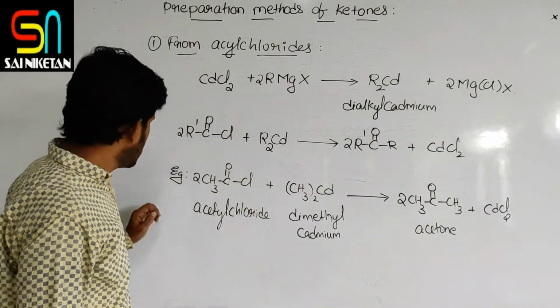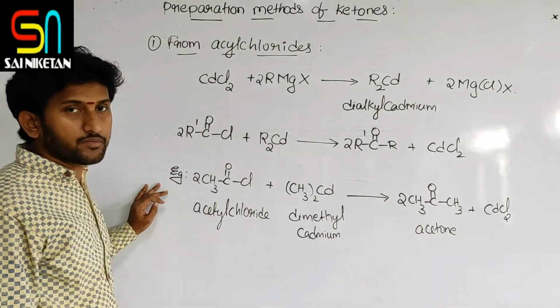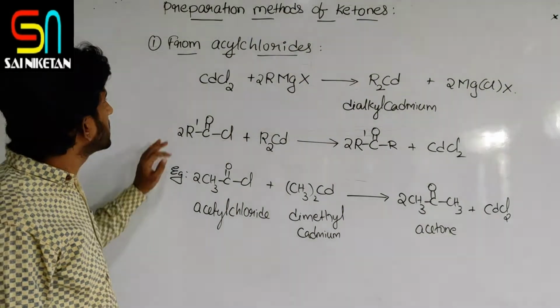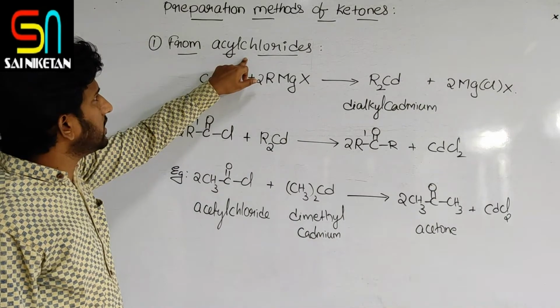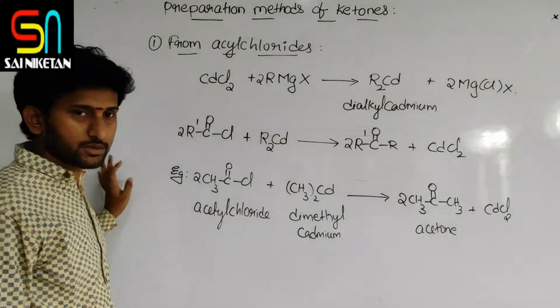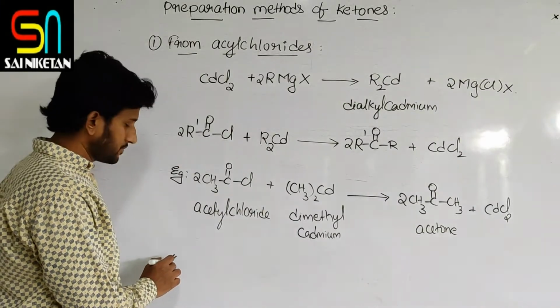So this is one preparation method for ketones from acyl chlorides. Acyl chlorides on treating with dialkyl cadmium give ketones. This is one method.